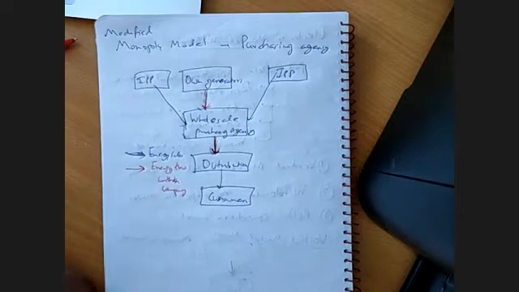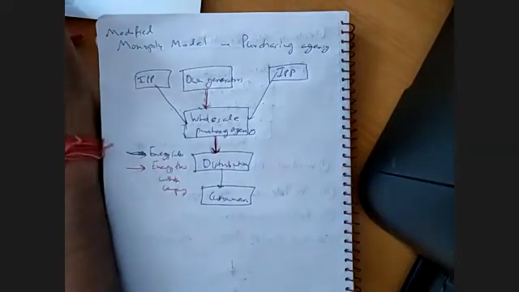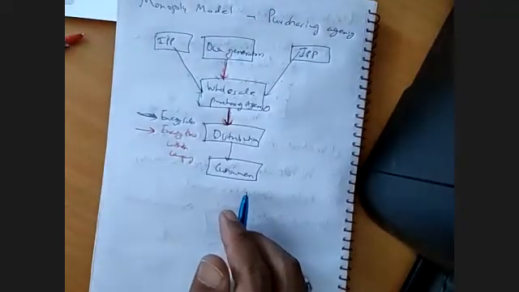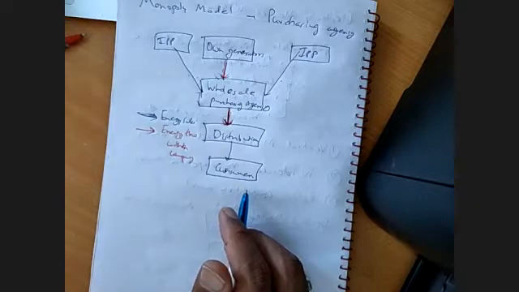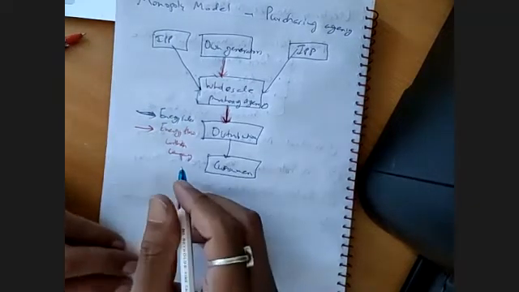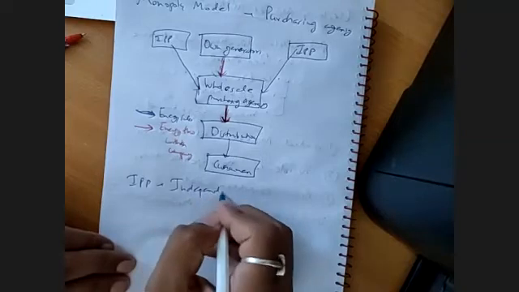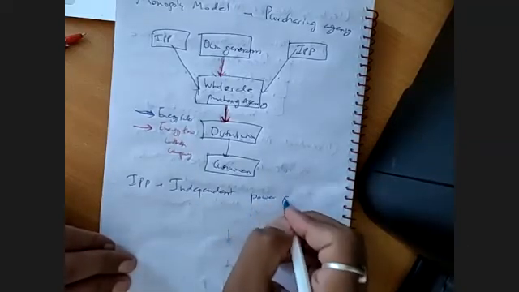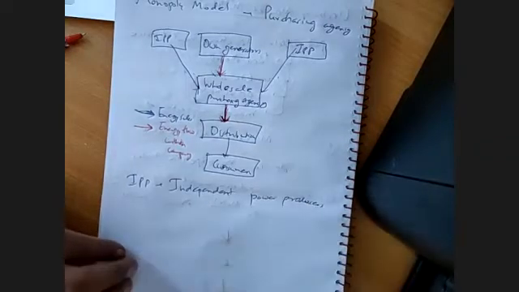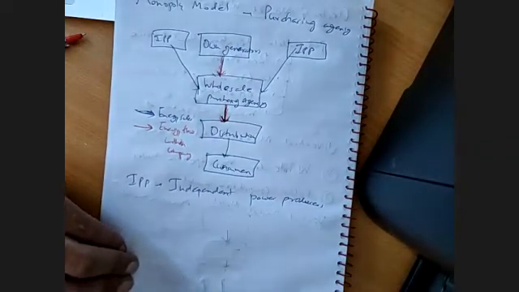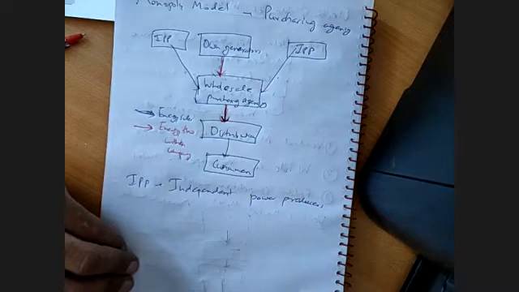But in the modified monopoly model, the single company does not hold all the components and no longer owns all the generating stations, and we have independent power producers, IPP, that is independent power producers, are connected to the network and sell their output to the utility that acts as a purchasing agency.